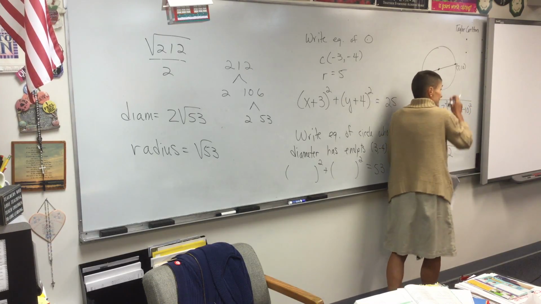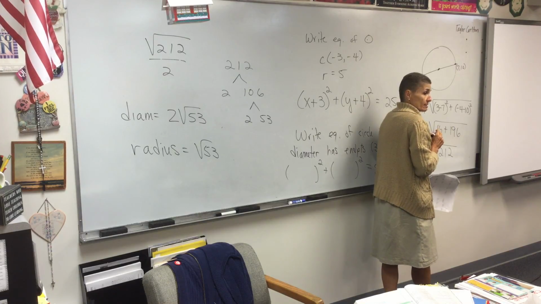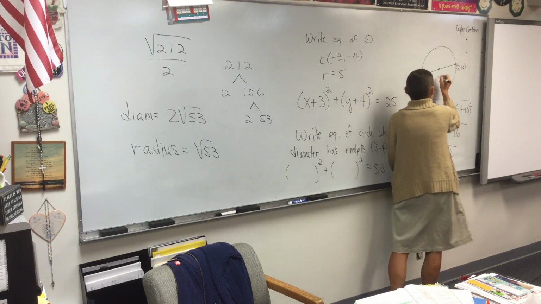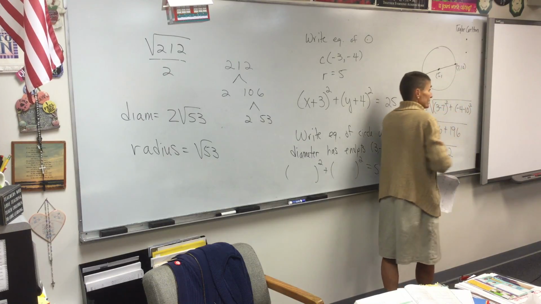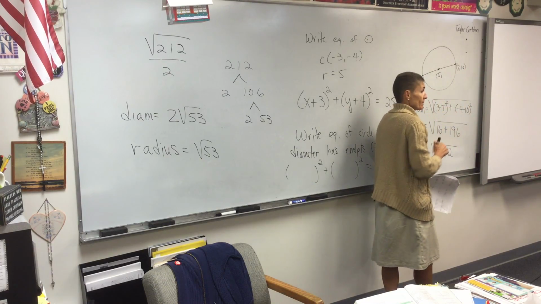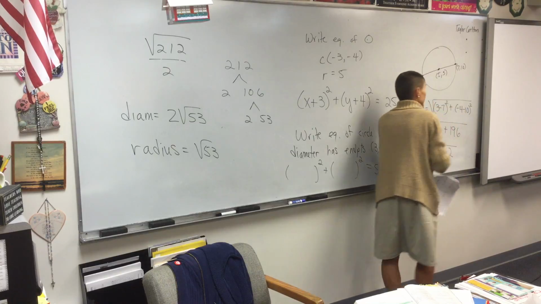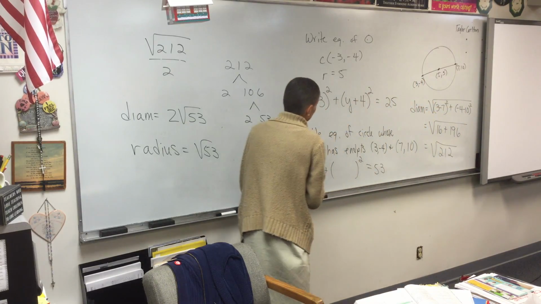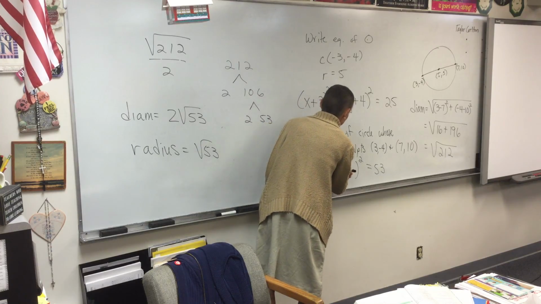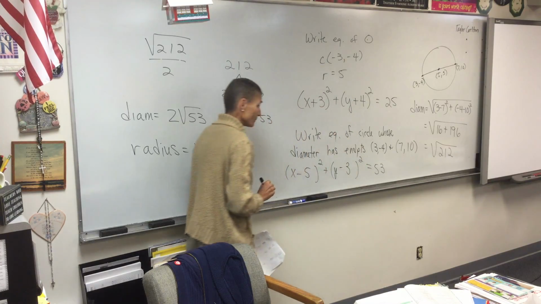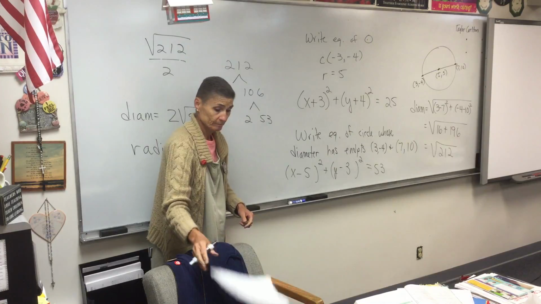So 3 plus 7 is 10, divided by 2 is 5. Negative 4 plus 10 is 6, divided by 2 is 3. Then I can write my equation. X minus 5 squared, y minus 3 squared equals 53.